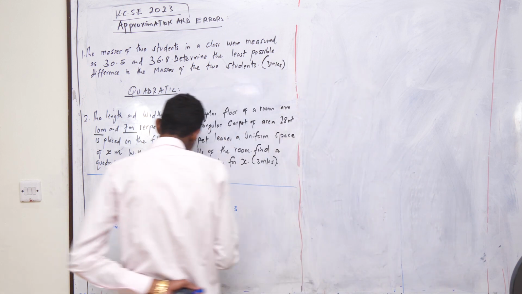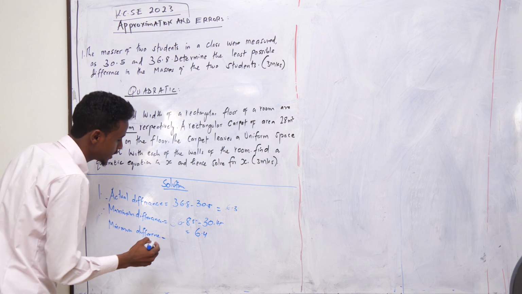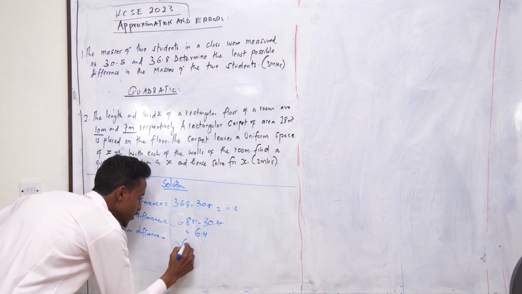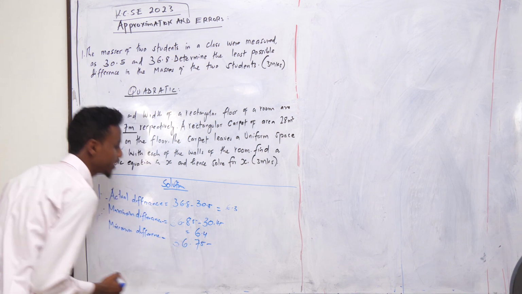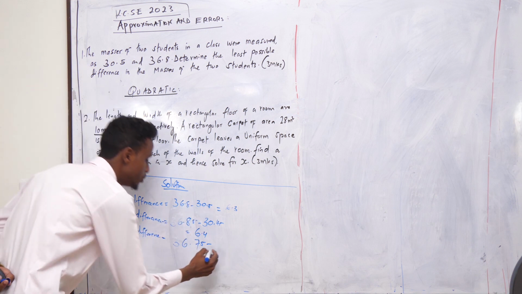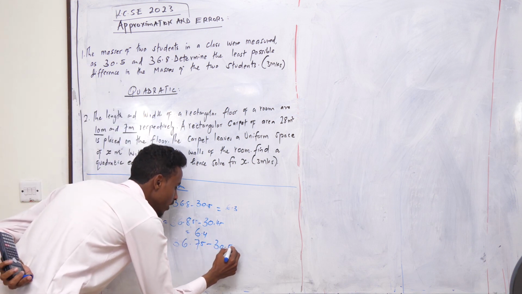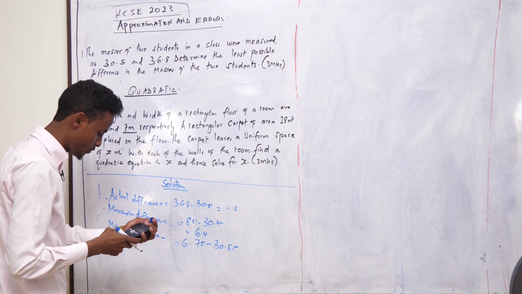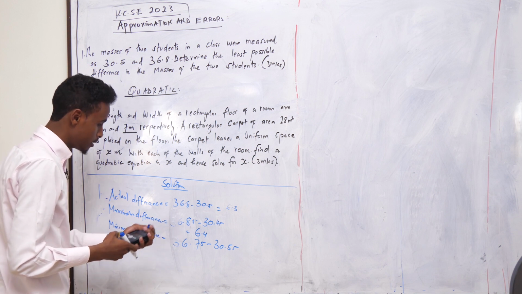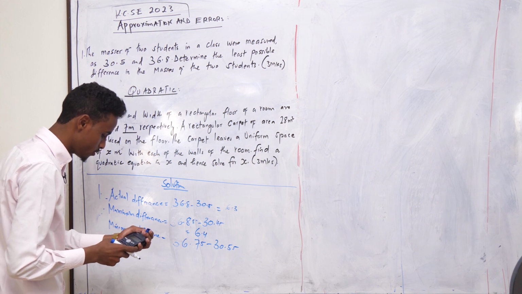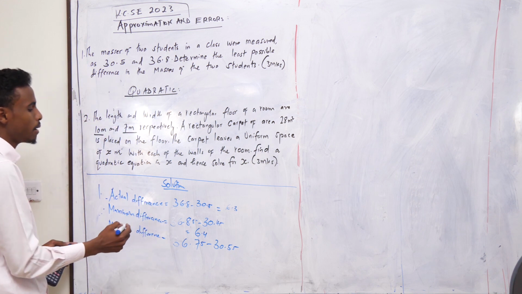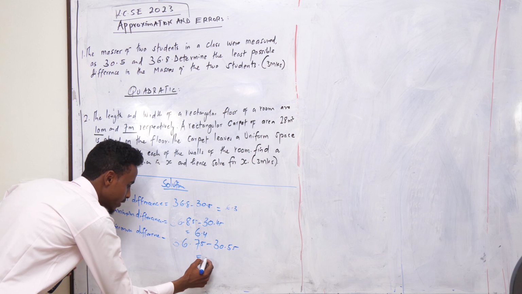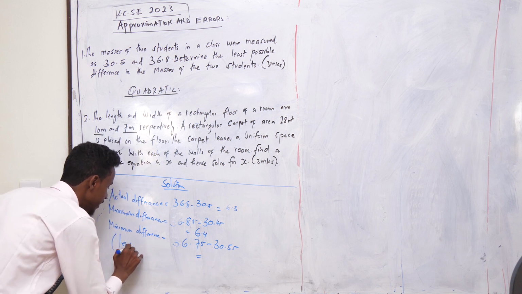For instance, the minimum value of 36.8 is 36.75, minus the maximum value of this, which will be 30.55. Now it will be 36.75 minus 30.55.